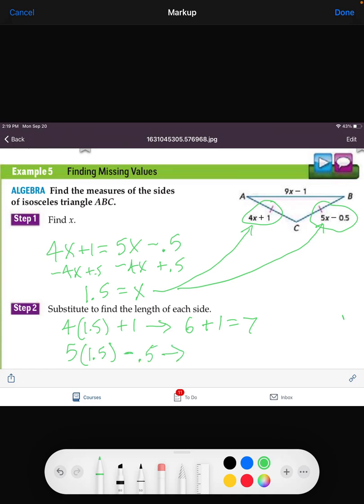We should get 7 because we know that they're already equal. So 5 times 1.5 gives us 7.5, minus 0.5, and that does give us 7. So that adds up, and we can check our work. These are equal as we expected, and it's an isosceles triangle. So we can confirm that x is equal to 1.5.